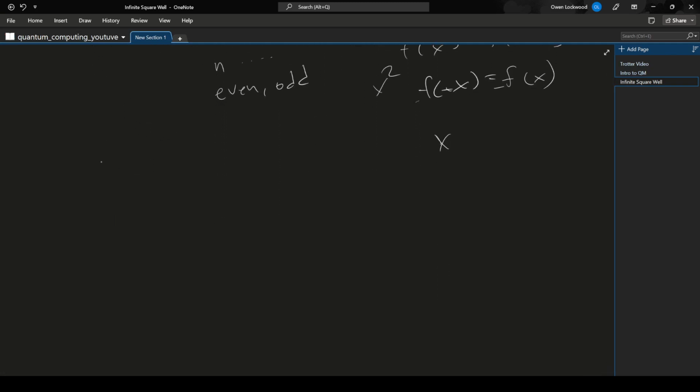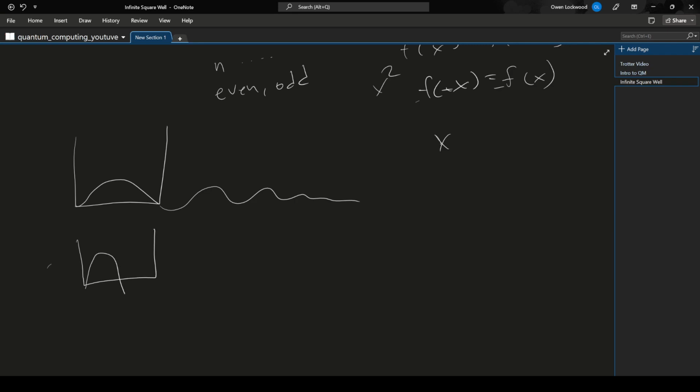Another handy property is that if you actually plot these, so n equals 1, in our infinite square well, it will look like this, right? It's just going to be part of a sine function. Obviously, if this continued, it would be a sine function. But what happens at each increasing level is we gain a node.